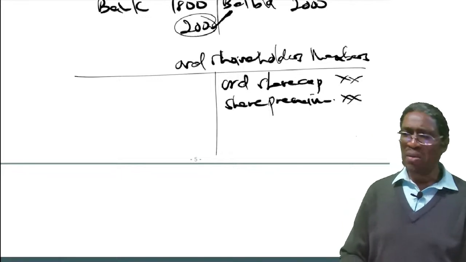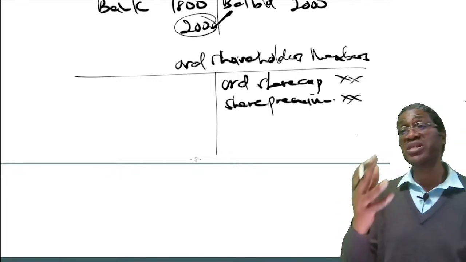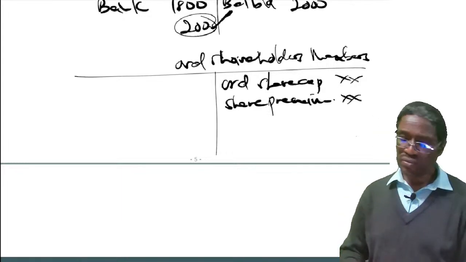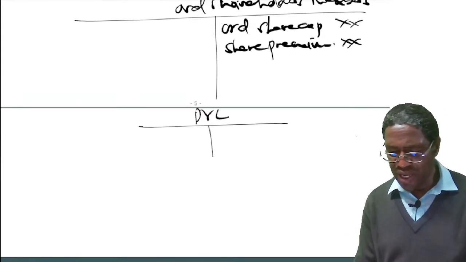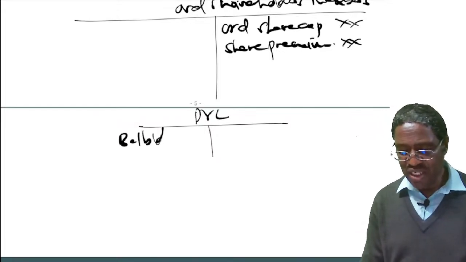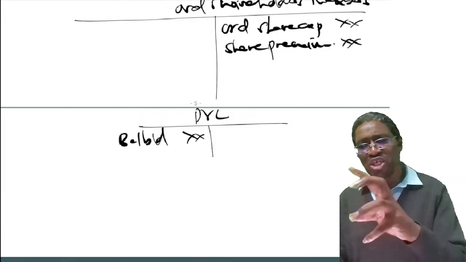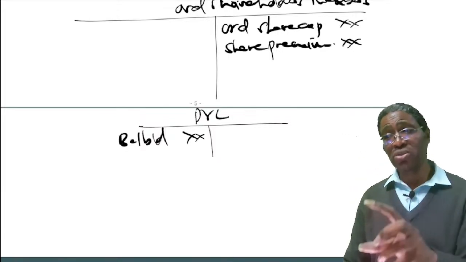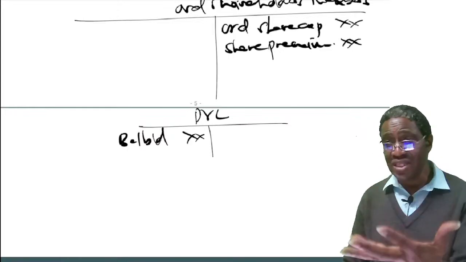Good. But if it's a negative reserve, like retained losses, which I've already said will always be there, if you go to the P&L account of this company, you will find the P&L account having a debit balance. Retained losses are always a debit balance. So let the shareholders take the loss of this company. They are the owners of the company. Let them suffer the loss.